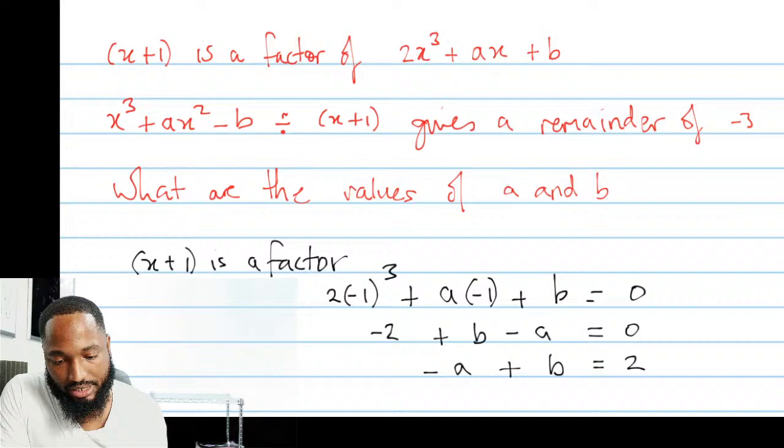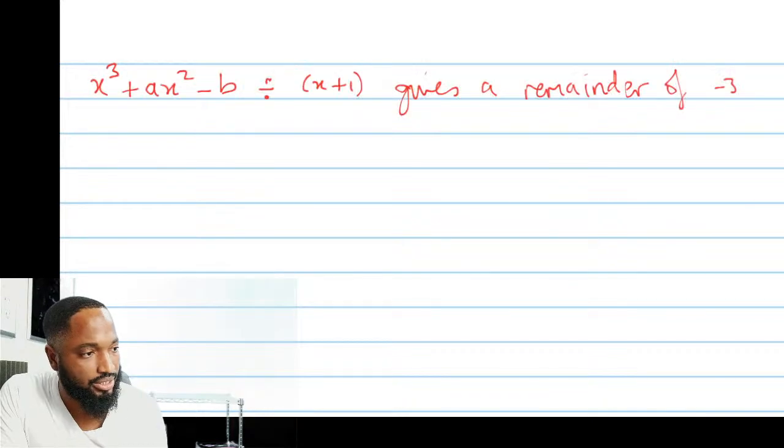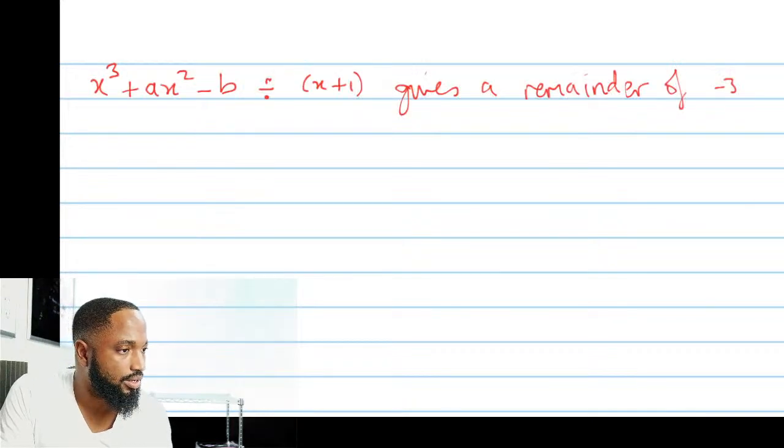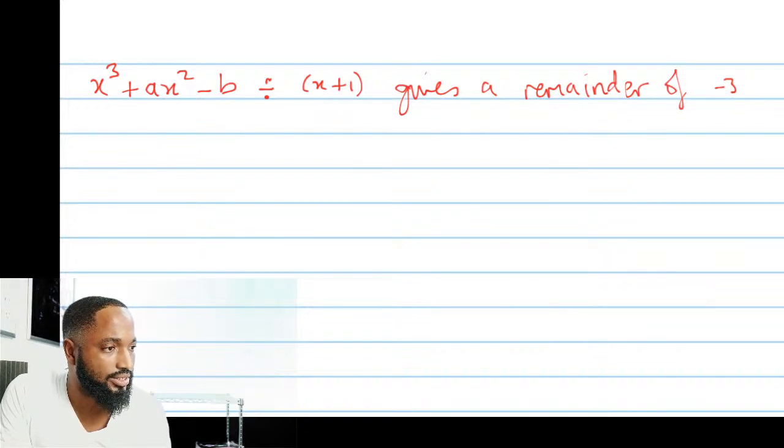And the next part says this, I'm going to copy it and put it on the next page. Anyhow you take it, we learn in here, this is the method.